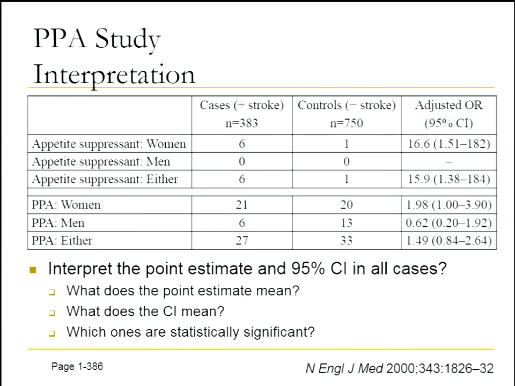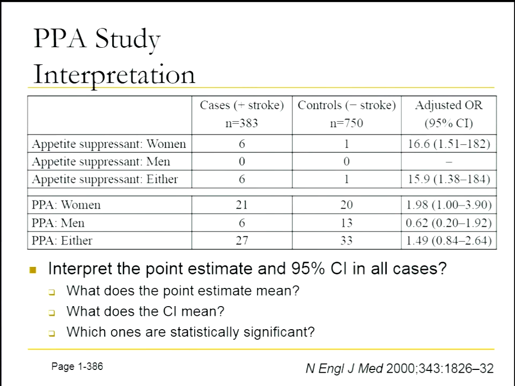So let's focus on this column, the odds ratio column, that shows the 95% confidence intervals. Let's try to interpret, one, what does this point estimate mean? And by point estimate, I mean that odds ratio is the point estimate obtained in this particular study. Two, what does the confidence interval mean? This is a 95% confidence interval. And then lastly, which one of these are statistically significant?